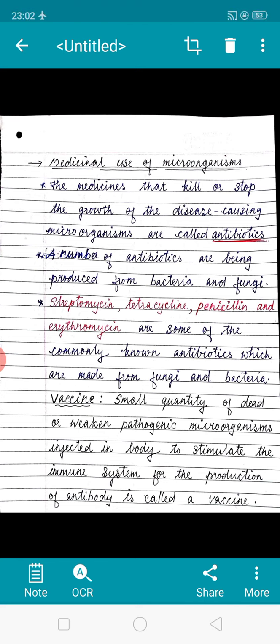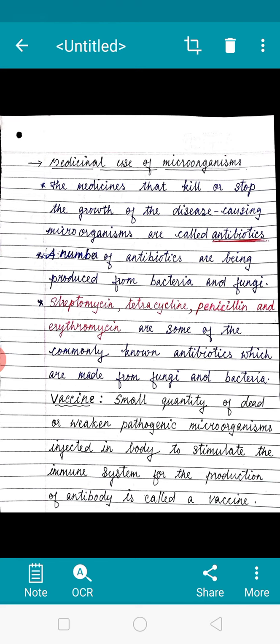And the body also remembers how to fight the microbe if it enters again. So, if dead or weakened microbes are introduced in a healthy body, the body fights and kills them by producing suitable antibodies. And the antibodies remain in the body and we are protected from the disease-causing microbes. This is how a vaccine works.